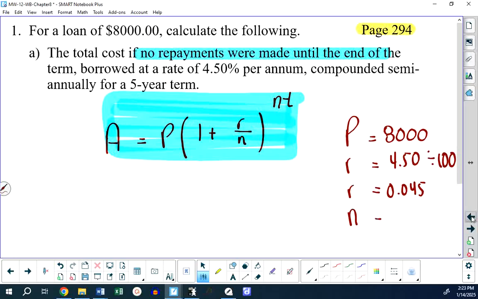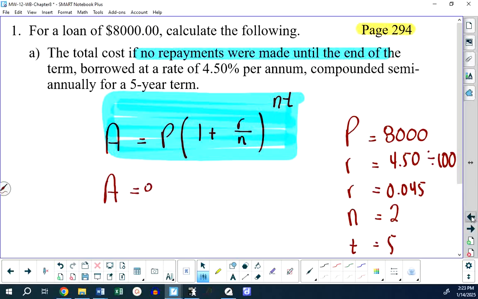N, well, it says it's compounded semi-annually, so that means you get charged interest twice a year. So that's something you need to remember. Semi-annual is twice a year. And it's for a 5-year term, so T is 5. There are 2 parts to what we learned yesterday: setting this up, and making sure you can use your calculator properly to get the right answer.